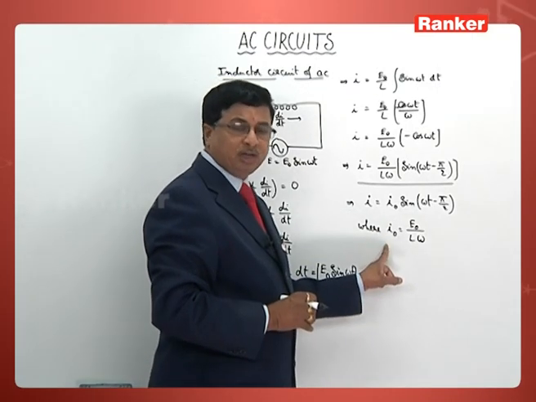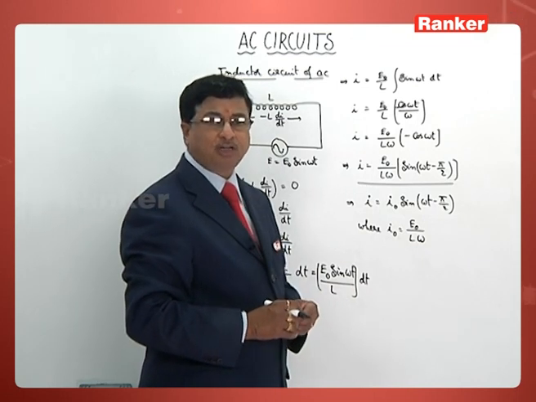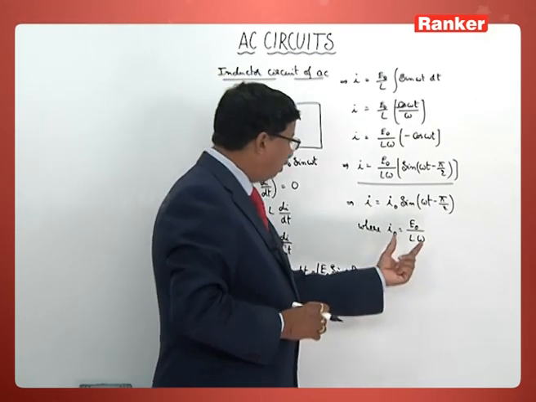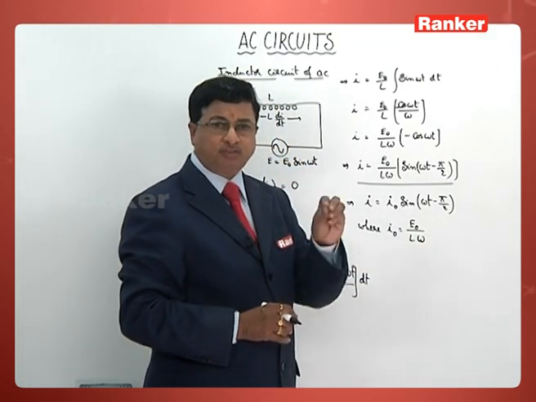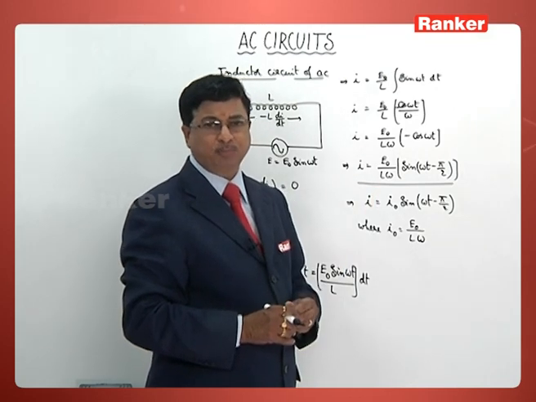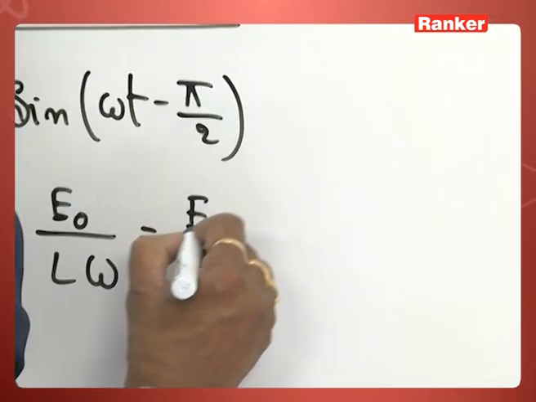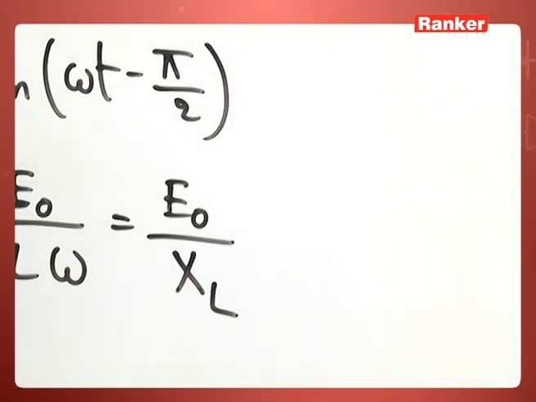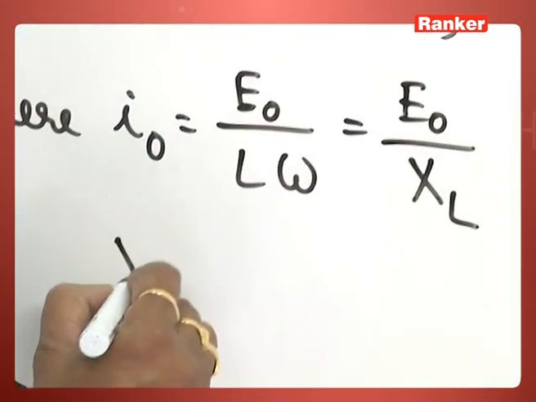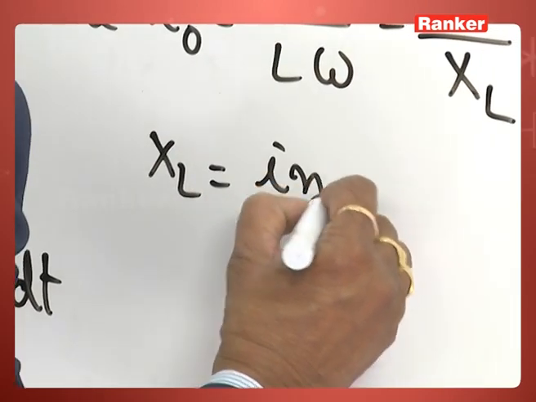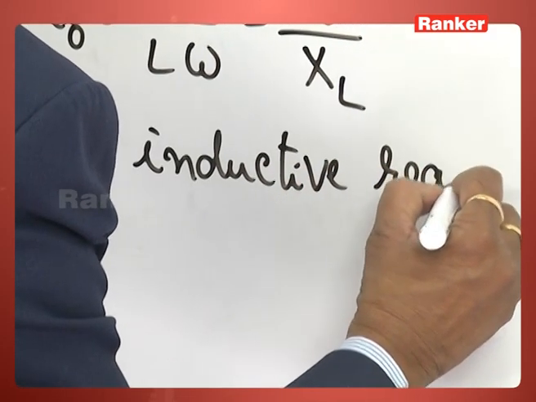But in true sense, current is equal to EMF by resistance. That is according to Ohm's law. Now whatever is in the denominator of this equation should be equal to the resistance offered by that inductance coil. So what can we write now? E naught by XL, we represent this with. What is this XL to be called? It is called inductive reactance.